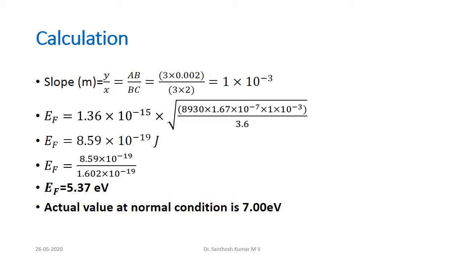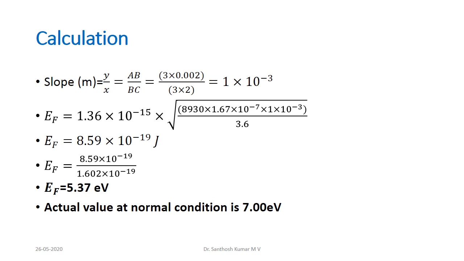This value is the experimentally obtained value in our experiment, but actually the value of Fermi energy at normal condition for copper is 7 electron volts. This is the actual value and that is the obtained value.